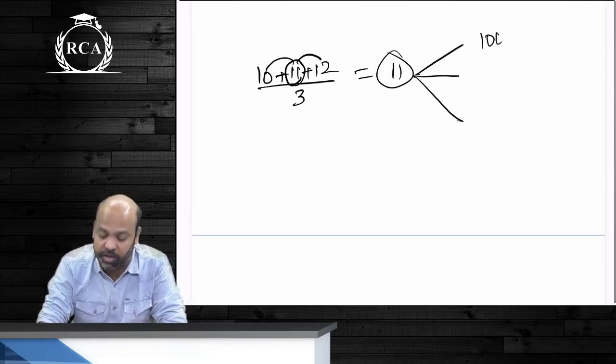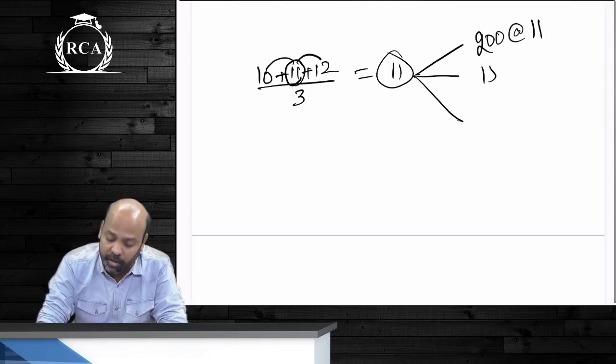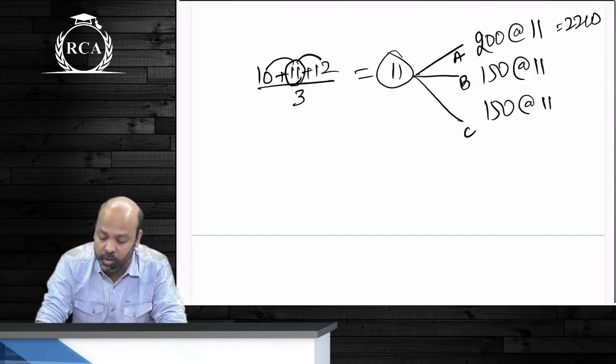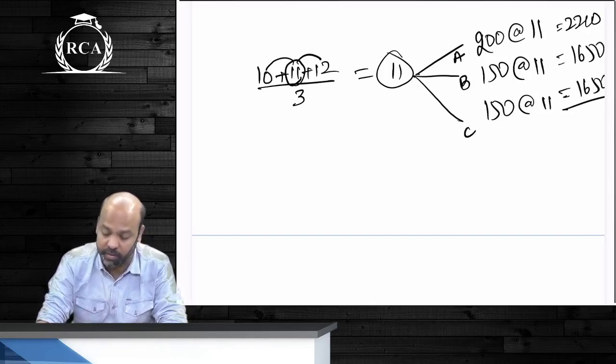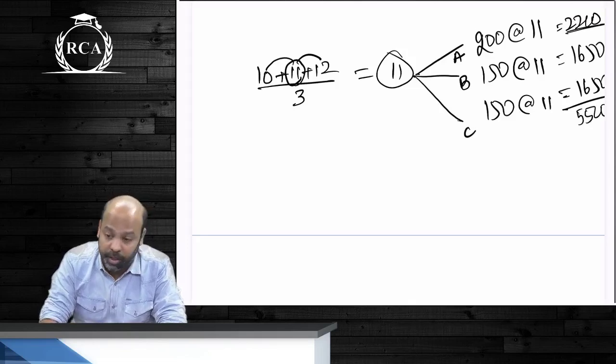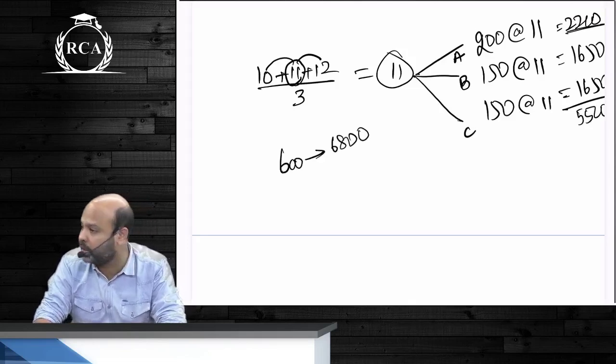So you issue first 100 units beta at कितने थे वो? 200 units beta at 11, 150 also at 11, 150 also at 11. This is a product A, B and C. So this is 2000, 200, 1650 and 1650. So it is 3300 plus 2200, 5500. We know that we bought 600 units at a total cost of 6800.